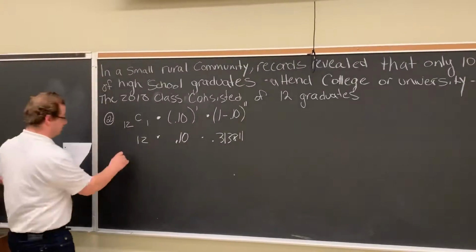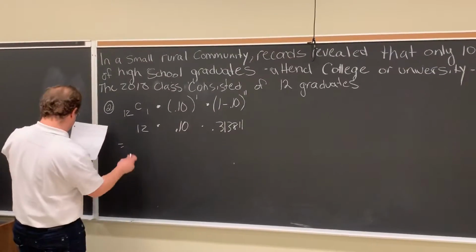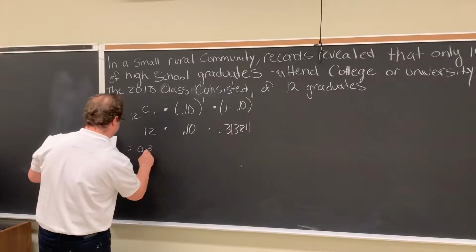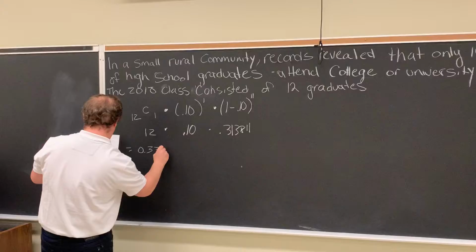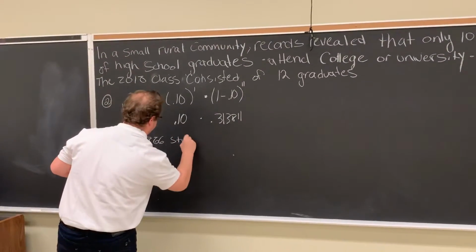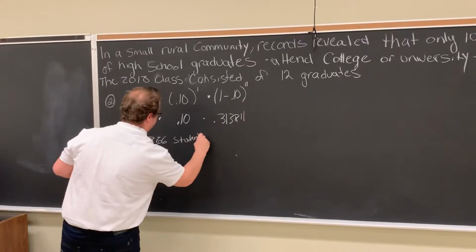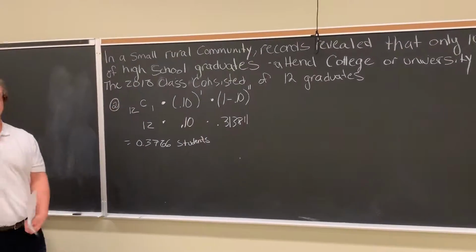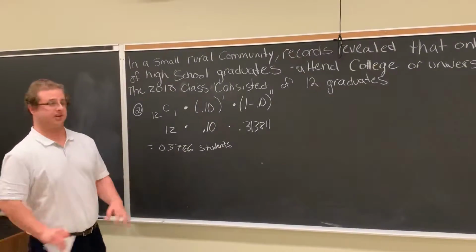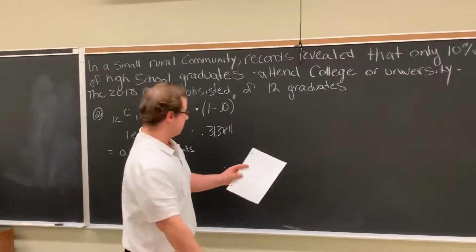So when you multiply those together, that gives you 0.3766. So the probability of exactly 1 student is 37.6%.